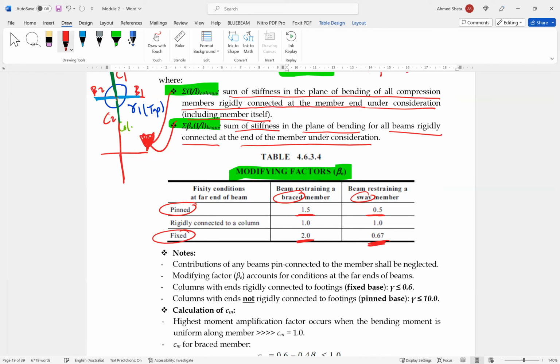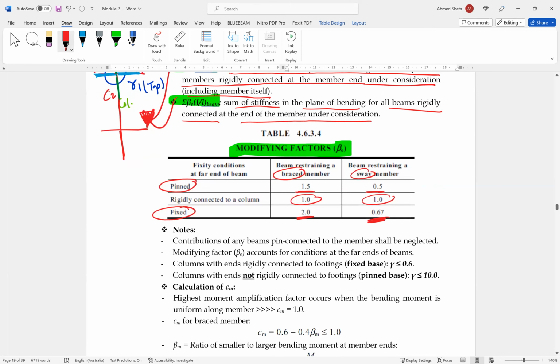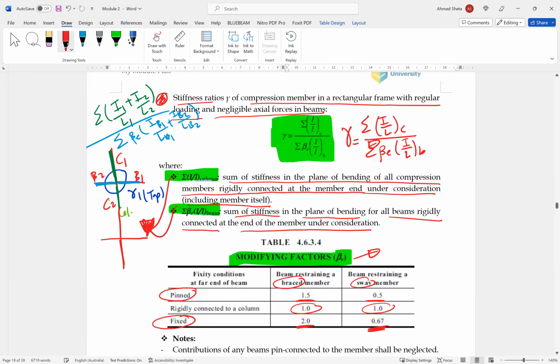Usually connected to a column, it is 1 for braced and 1 for sway. Okay, so this is how to calculate beta E for the gamma calculation. So we use beta E for gamma calculation.